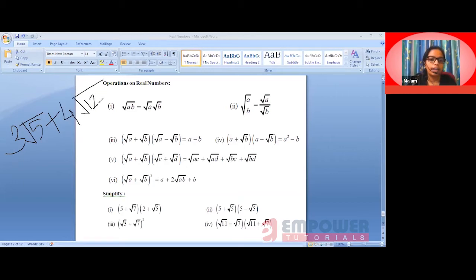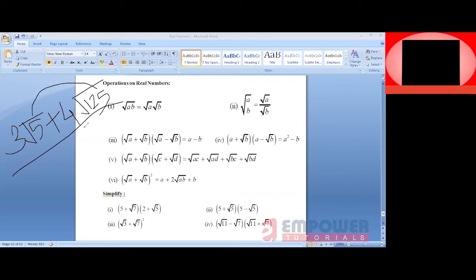So everyone is saying I cannot add these two numbers because these are unlike surds, right? But if you see properly, I can add these two numbers.